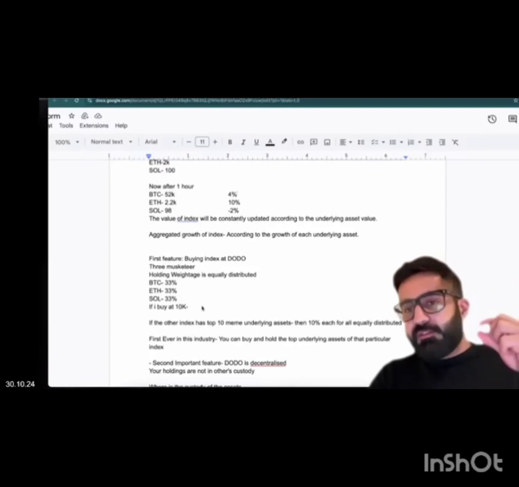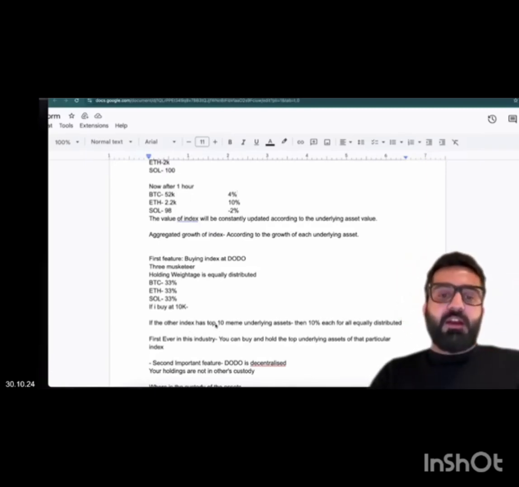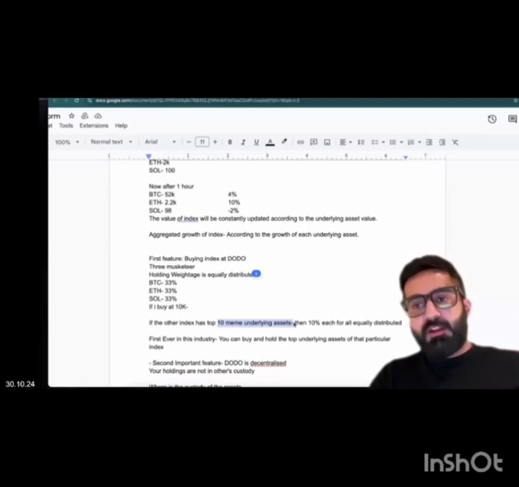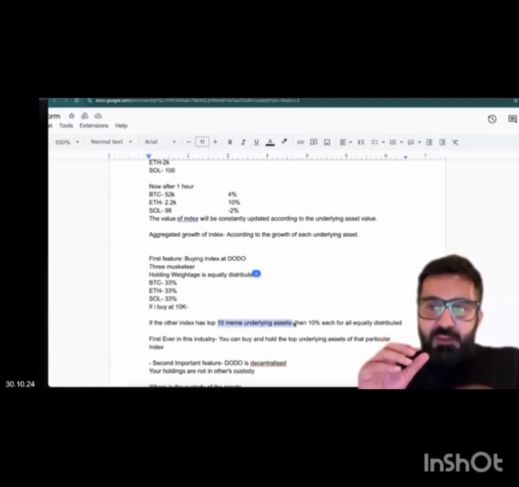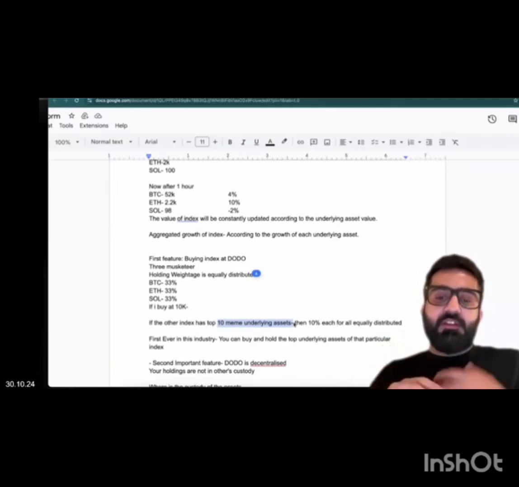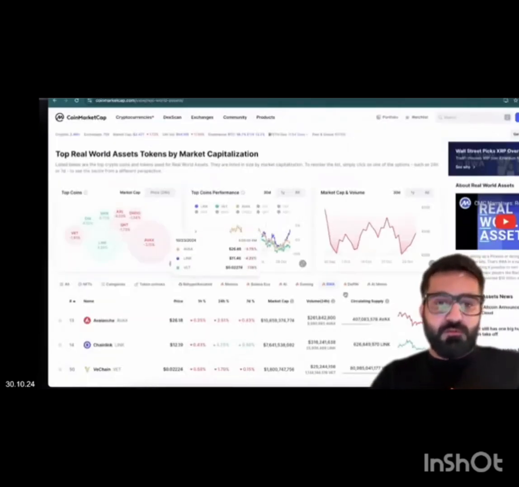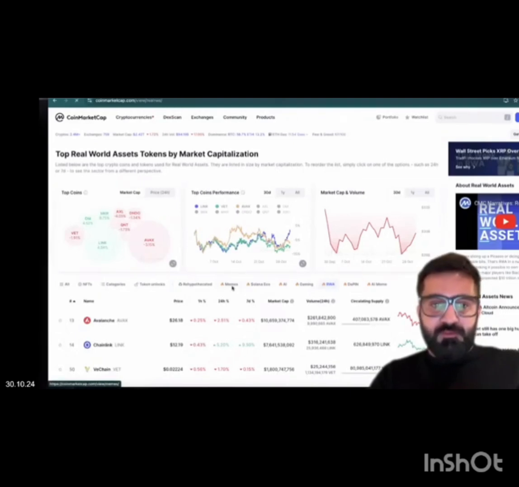of Bitcoin, Ethereum, and Solana. Let's say you buy the top 10 meme coin index. So you technically buy 10% of each of the 10 meme coins listed in that particular index equally. Let me go to memes.